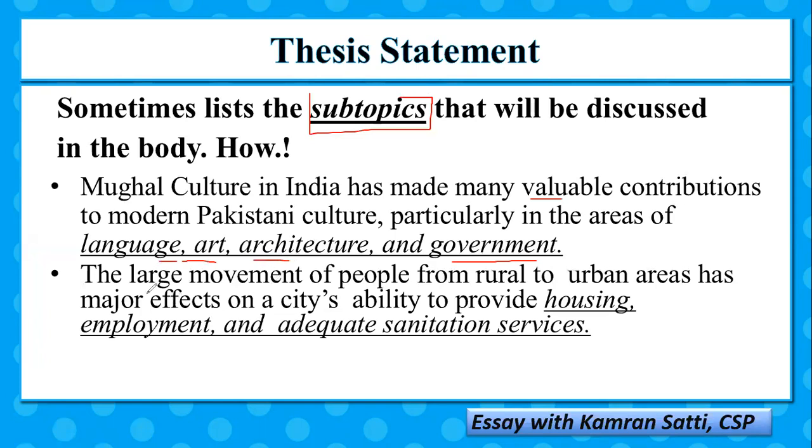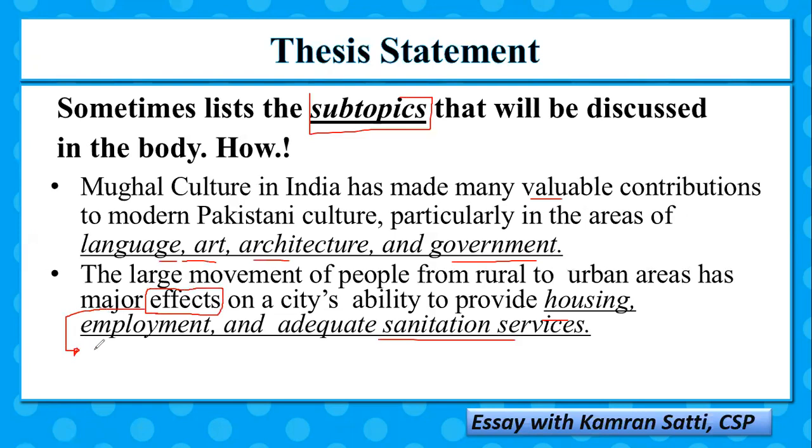Now, carrying on with the same thesis statement on the effects of urbanization, we have stated some effects of urbanization, like housing, employment, and adequate sanitation facilities. But I want to make one thing clear. Now, this may be off the topic, but remember, I have checked many write-ups, and when words like effects and implications come, students often associate negative connotations with such words.